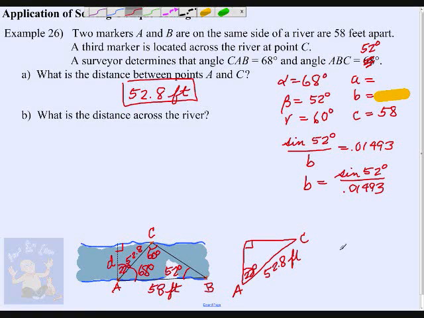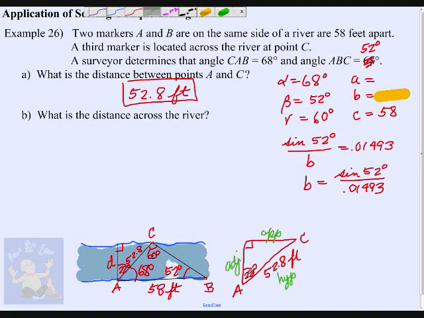So let's reorient this. I'll at least label it a little differently. This is my hypotenuse. This is my opposite. And this is my adjacent.